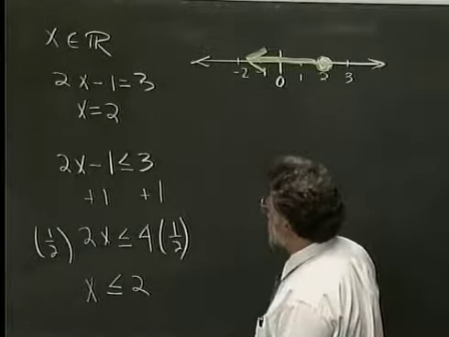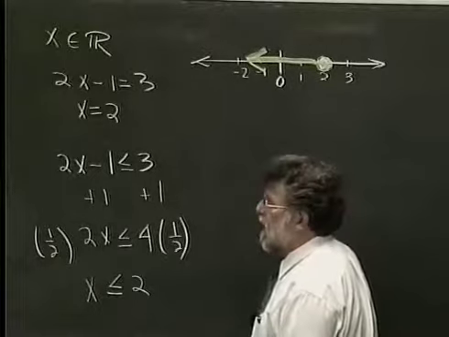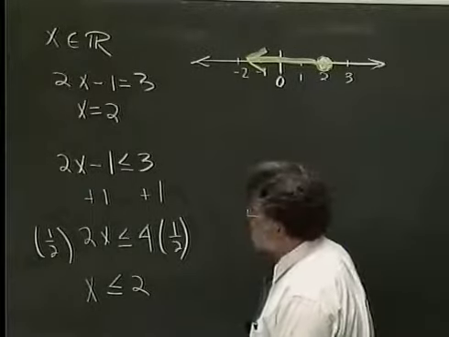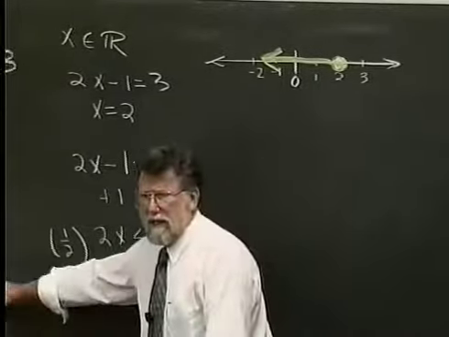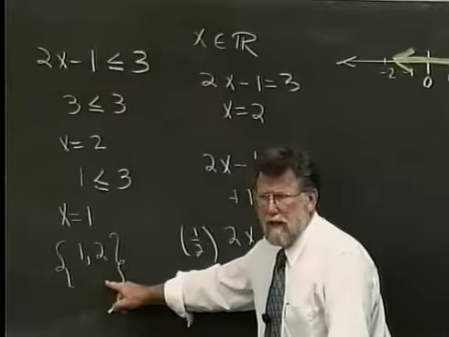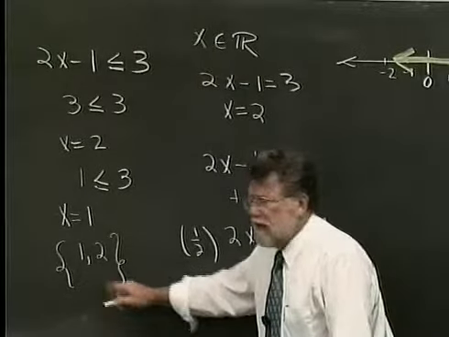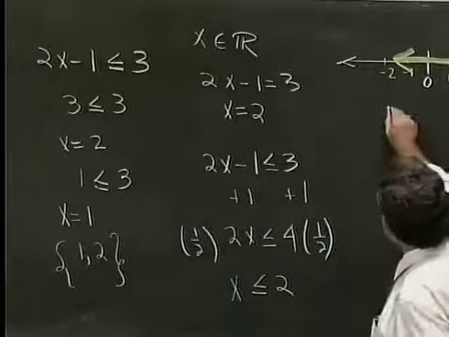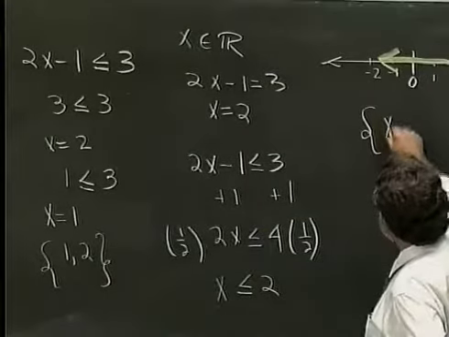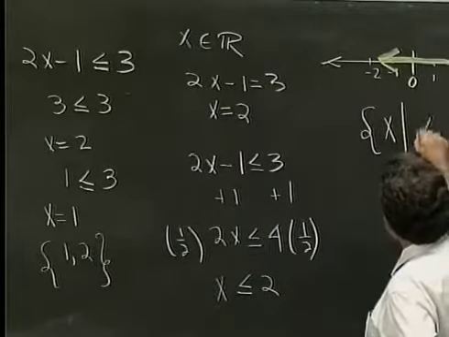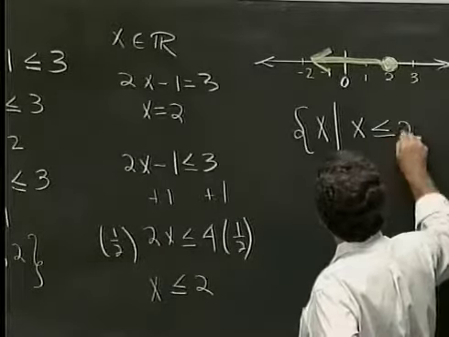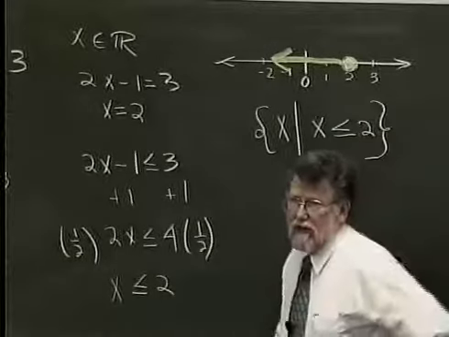Or, remember I talked about how I could take, and we're going to have to slide just a little bit to the left, Caesar, where I had the set containing 1 and 2. Now set notation can be done: the set of x such that x is less than or equal to 2 can be my solution set.